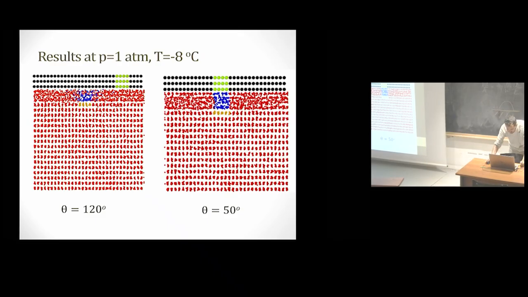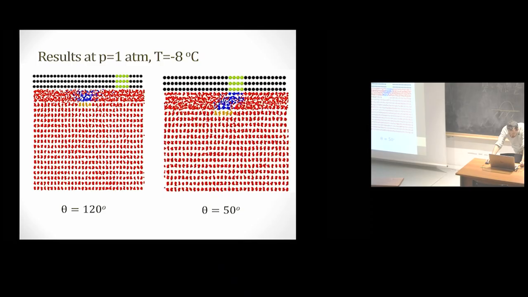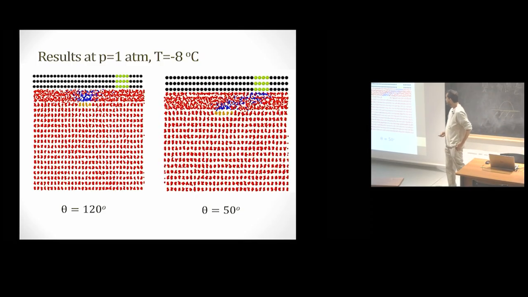Now, if on the other hand we consider a hydrophilic substrate, then you'll see that things are very different. And the pre-melting layer is also thicker. It got a little bit thicker. I'll talk about that later. You observed a lot of things.